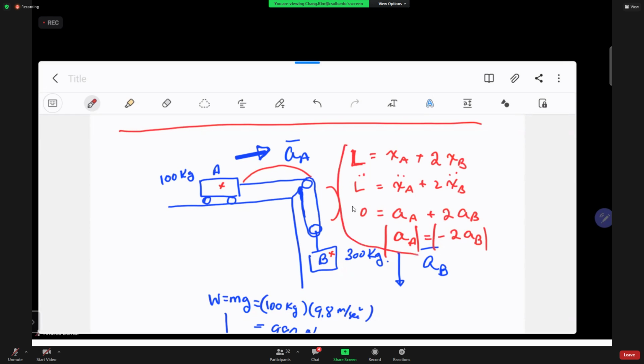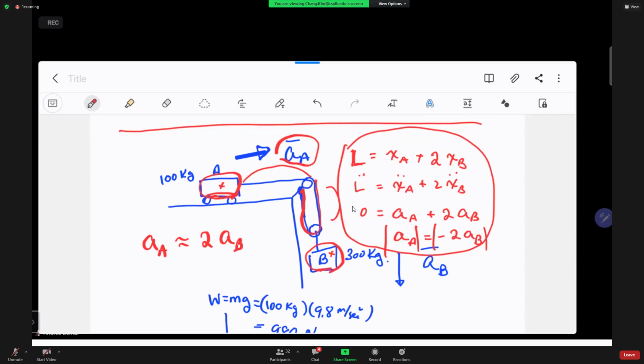But using this relative equation to understand the motion of A depends on the motion of B. The relationship is that the acceleration of A is going to be equal to 2 times the acceleration of B. So that means the acceleration of B would be half of the acceleration of A because of this double loop there.